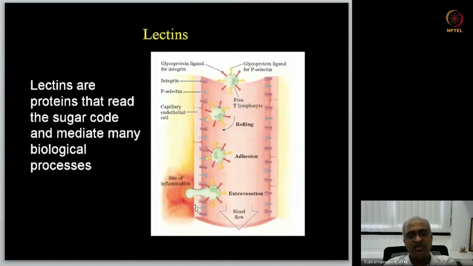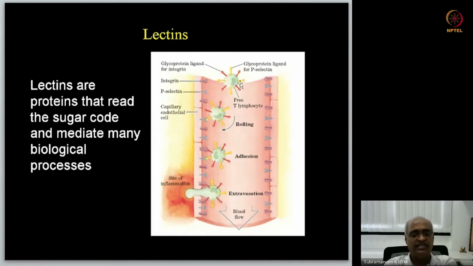At the site of inflammation, you have many more of these interactions, with integrins and selectins binding to different cell surface glycoproteins, and they stop. Once they stop, they migrate through the endothelium, the blood vessel wall, into the tissue where you have inflammation to take care of the infection there.